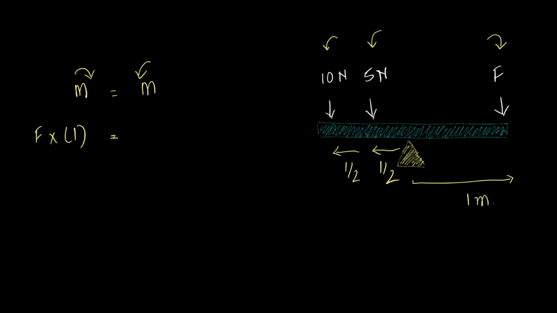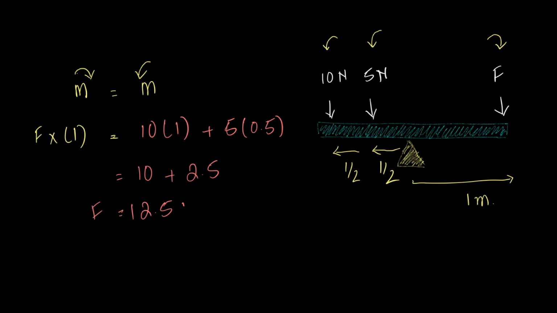This one is going to cause a counterclockwise moment, and it is also 1 meter away, plus it's assisted by a 5 newton force that is half the distance away. So that's going to be 10 plus 2.5. F has to be 12.5 newtons. So if there's a force of 12.5 newtons over here, this system will then be in equilibrium.